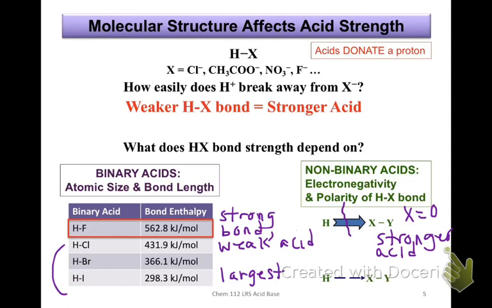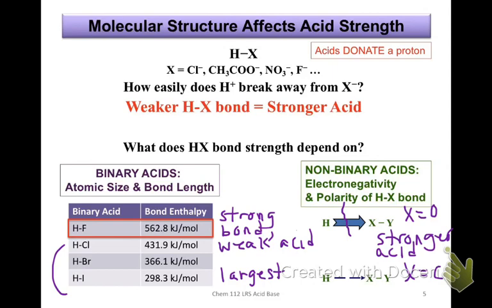Down below, if X is equal to carbon, and the hydrogen is bonded directly to a carbon, that's a more covalent bond. They have similar electronegativity, and they share their electron density more equally. It's a stronger bond. It's very neutral. So CH bonds, which are nonpolar, are not acidic.